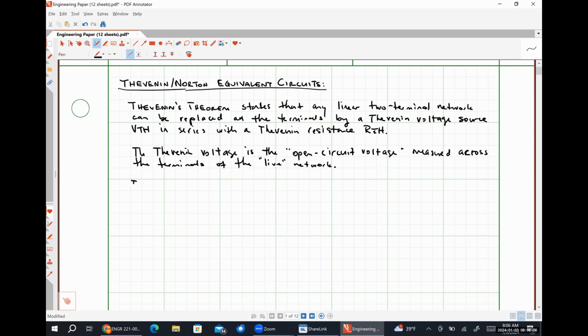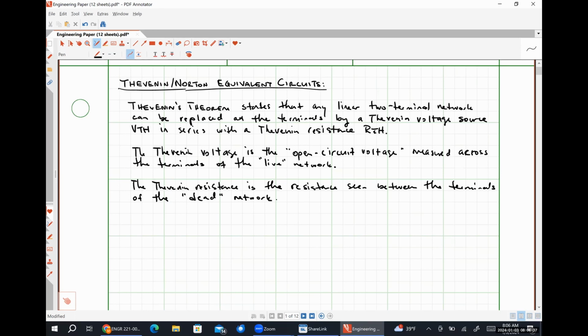And the Thevenin resistance is the resistance seen between the terminals of the dead network, where a dead network is simply a network in which all of the independent sources have been turned off.